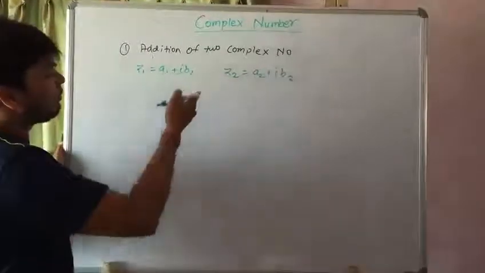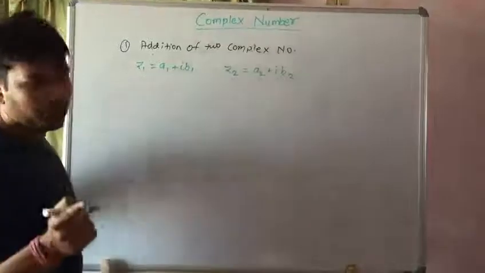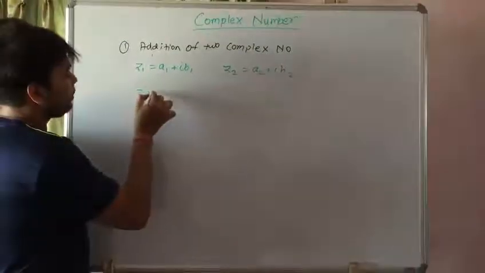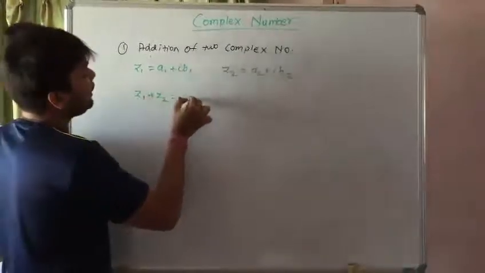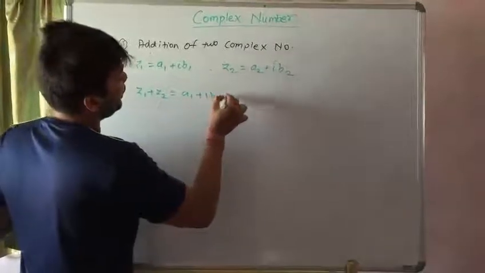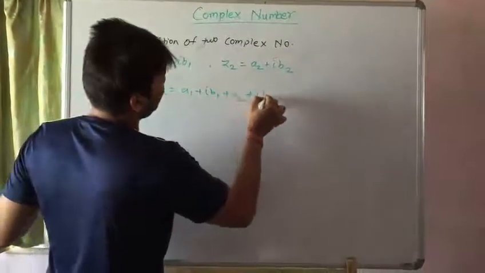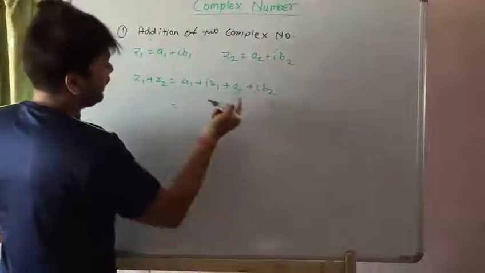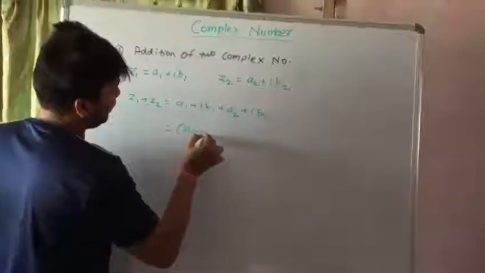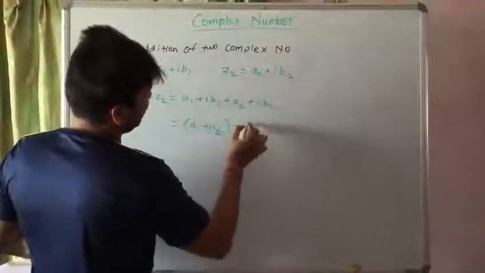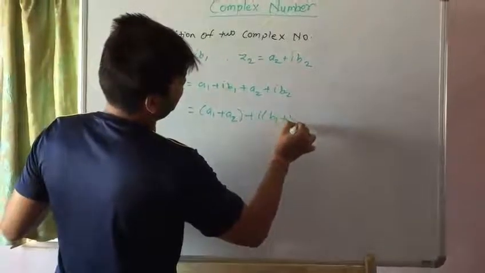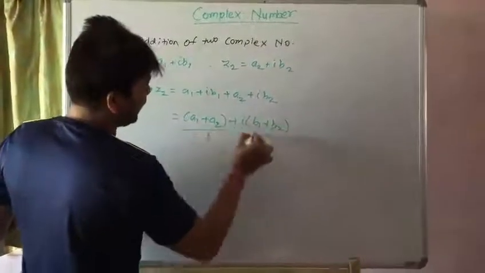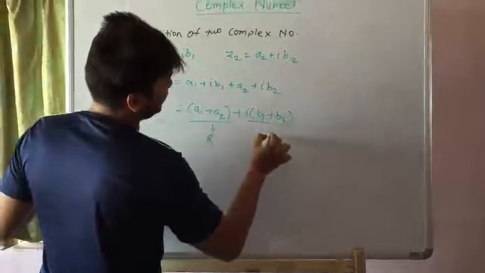If we want to add these two complex numbers, z1 plus z2, it will be a1 plus ib1 plus a2 plus ib2. Then the real terms get added: a1 plus a2, plus i times b1 plus b2. This is the real part and this is the imaginary part.